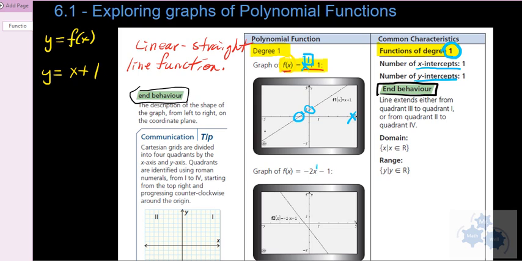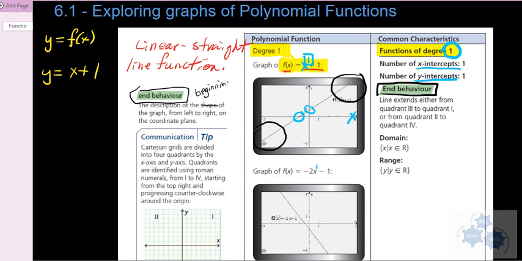I would rather say, a description of which quadrant the graph seems to begin in, and which quadrant the graph seems to end in. So the two ends of the line or the graph, where are they on the coordinate plane? I would say the description of the beginning and the end of the graph. That's what I would probably like to say.